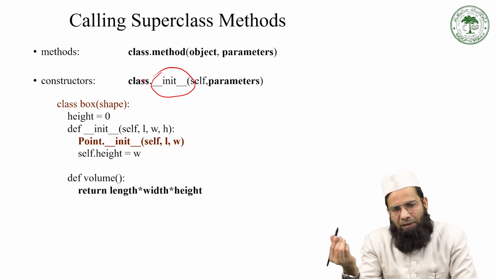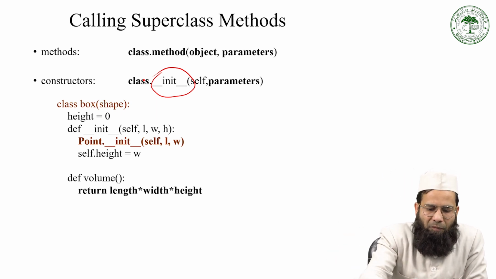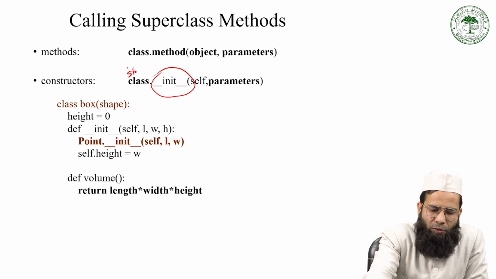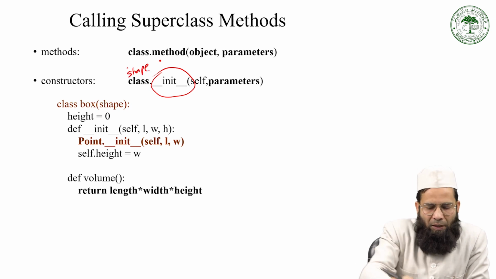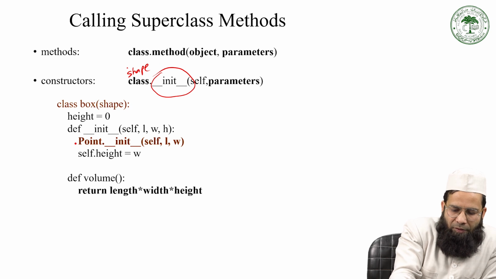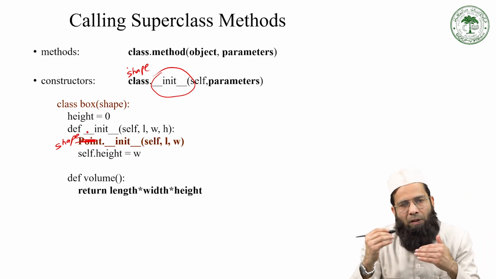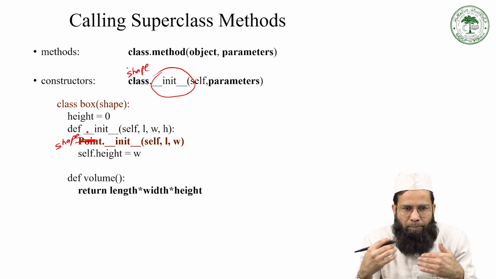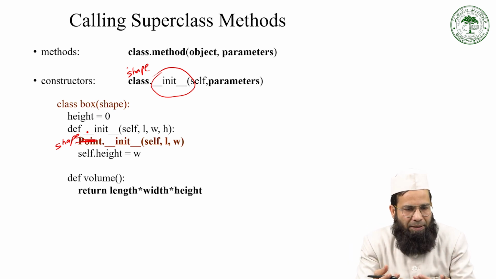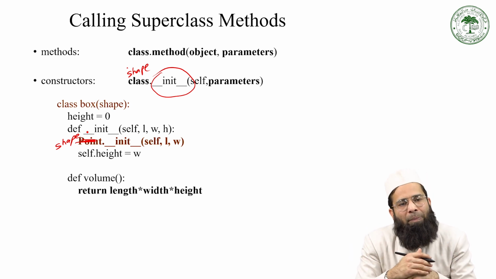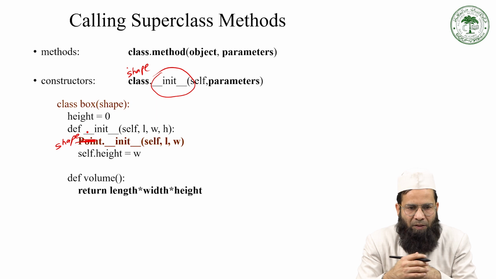Let's say there is a class box, or you could say shape. Shape would call this init method. So this is actually shape dot init. In this way, you can call your parent class methods. In this case, I'm calling the parent class constructor.